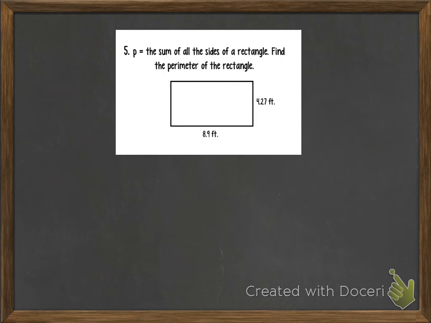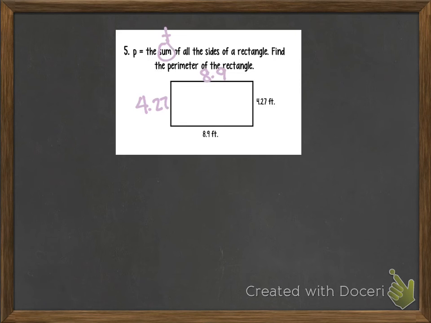Moving on to this problem, we have P equals the sum. Remember, sum, we are adding all the sides of a rectangle. Find the perimeter of the rectangle. So rectangles are sides match and our top and bottom match in numbers.